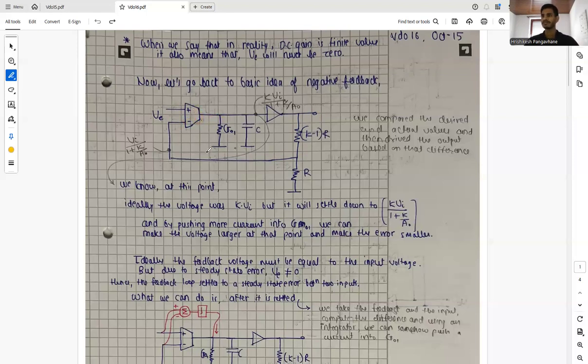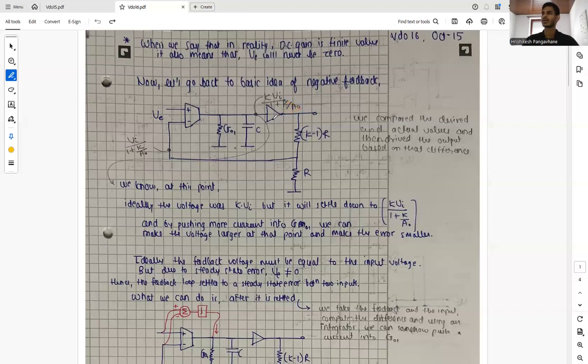So basically at this point we settle down to a voltage which is kVi divided by 1 plus K by A naught, where K by A naught is our loop gain. It's not R by A naught, it's K by A naught.